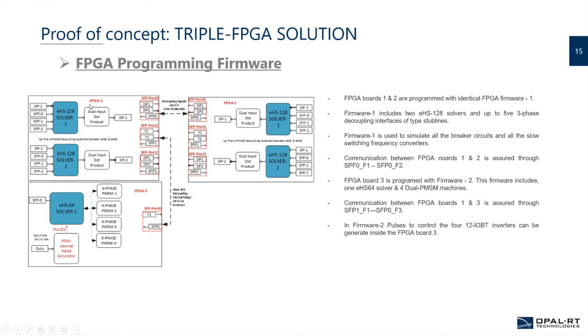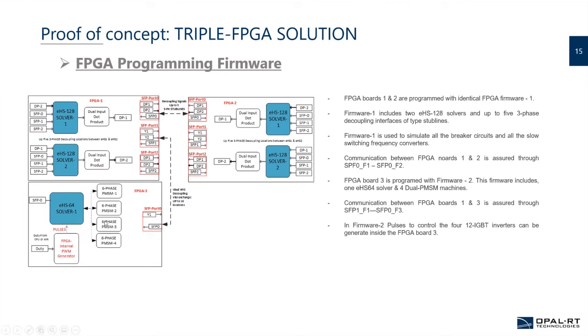This firmware includes two EHS, or FPGA electrical solvers, as can be seen here, and some SFP modules to ensure the communication between FPGAs, to send the stub line and the ideal transformer decoupling method signals to the other FPGA and vice versa.